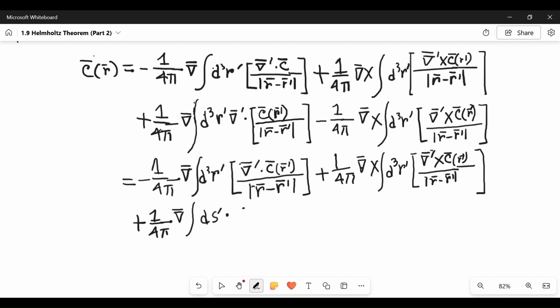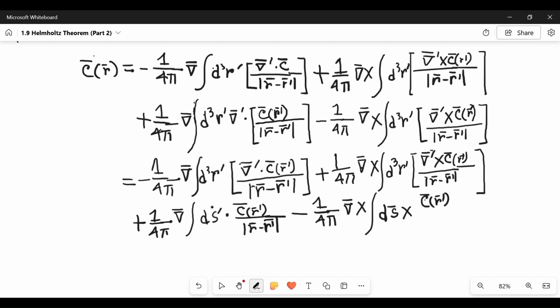So it would be ds prime dot C at r prime by r minus r prime, plus minus 1 by 4 pi curl of ds cross C at r prime by r minus r prime.